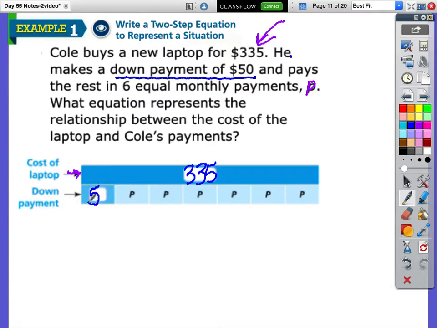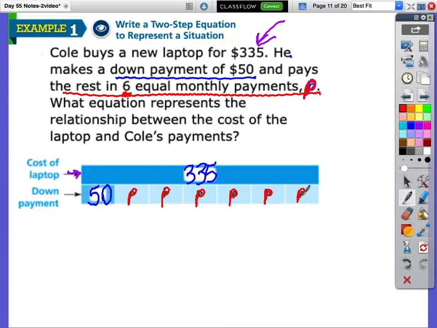So down here, I'm going to fill in that blank that he's making a down payment of $50. But the rest of what he owes is going to be in 6 equal monthly payments. And we're representing that with the variable P. All right, so you'll see, 1, 2, 3, 4, 5, 6 different monthly payments plus that $50 is going to equal $335.